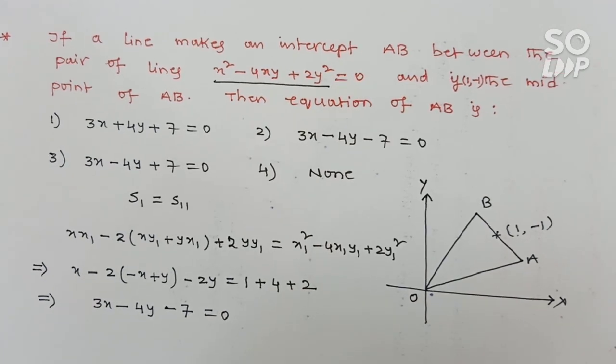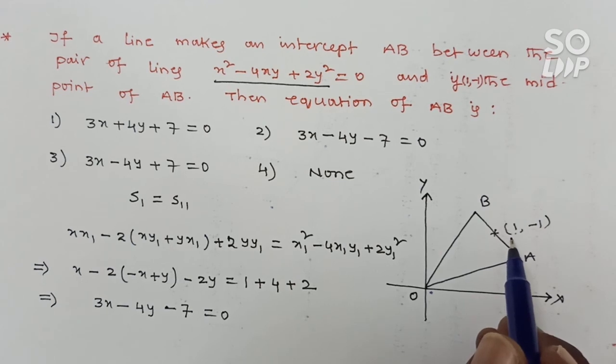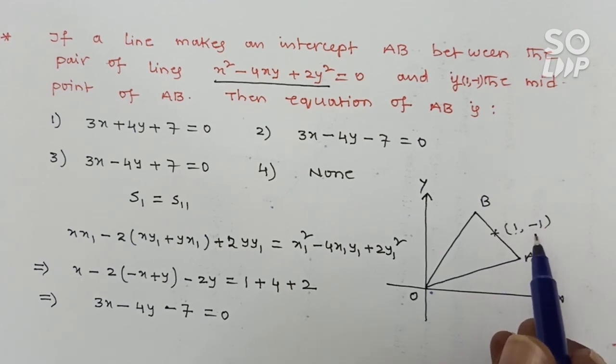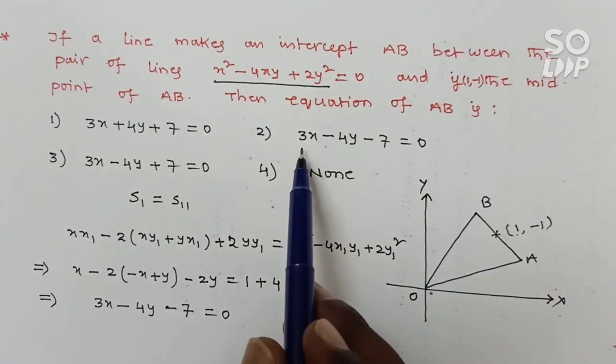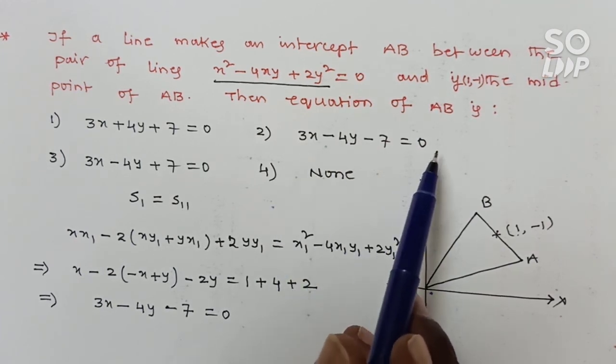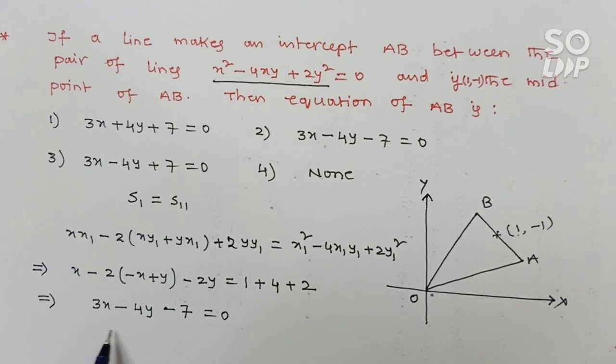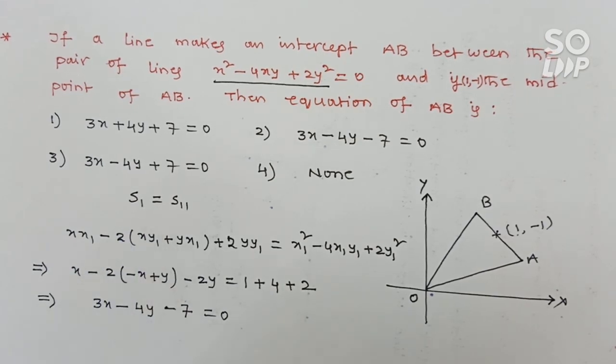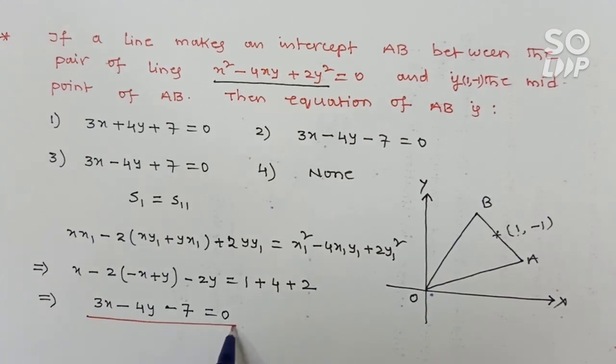So directly by the verification method, what option is satisfying? The same answer you got by using this formula. So the right option is what? Second option is the correct answer.